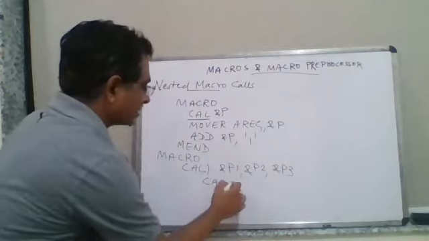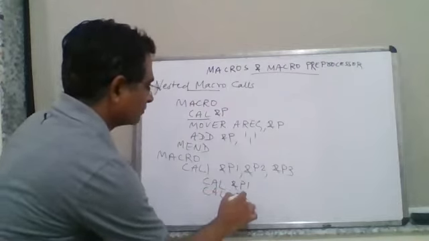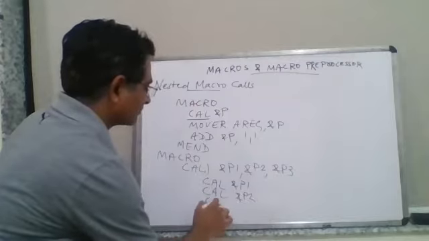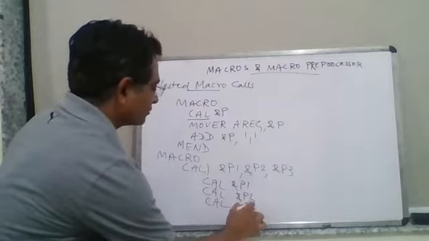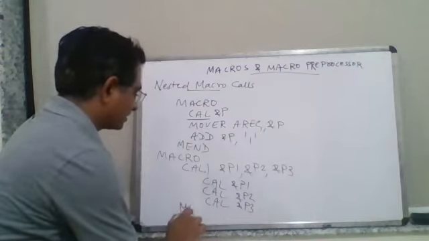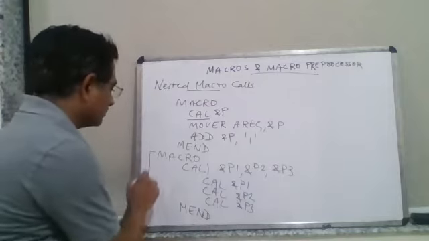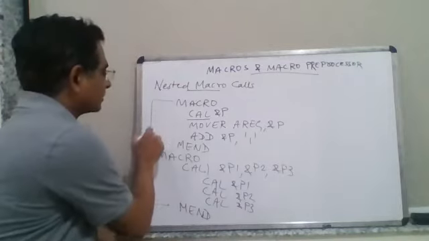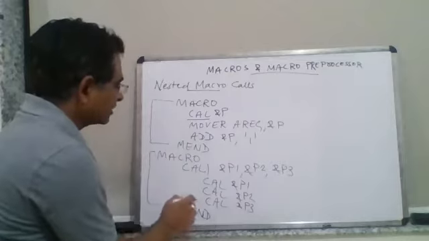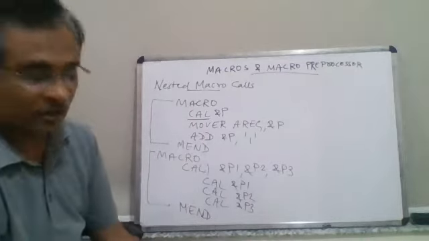The parameters provided here are cal p2 and cal p3. So in this way three parameters are provided and the macro is ended, right? So this is one macro and this is another macro, but this macro is making a call to this previous macro. So there are nested macro calls.